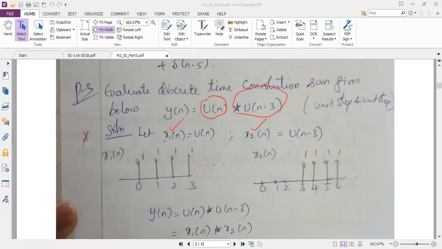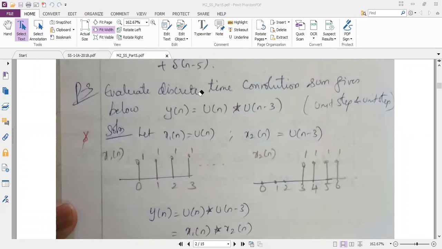I can also write u of n equal to x of n and u of n minus 3 equal to h of n. But the book which I referred used the variables x1 and x2, so I am just following the same. If you write x of n is equal to u of n, h of n is equal to u of n minus 3, nothing is wrong. It is our perception, how we want to take it.